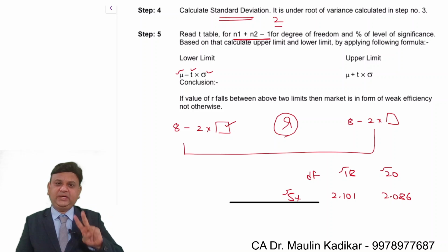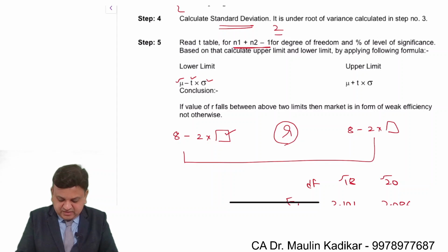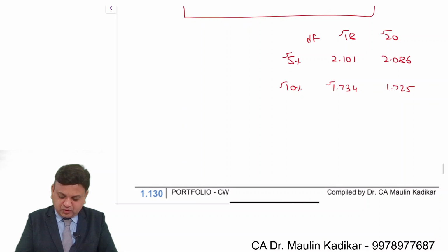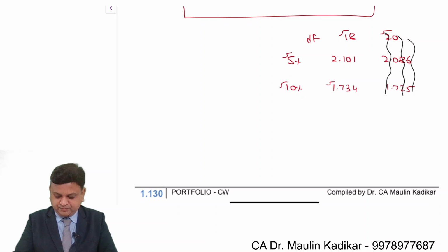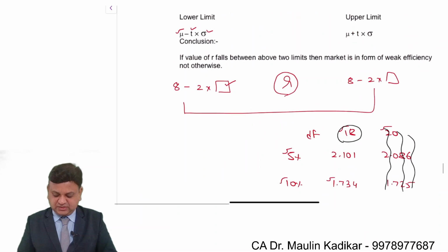Since we have been provided with the 20 closing prices, of course N1 plus N2 will be in total 19. 19 minus 1 is 18. So we have to focus only on this 18 column, and accordingly we are required to make the calculation of the answer.